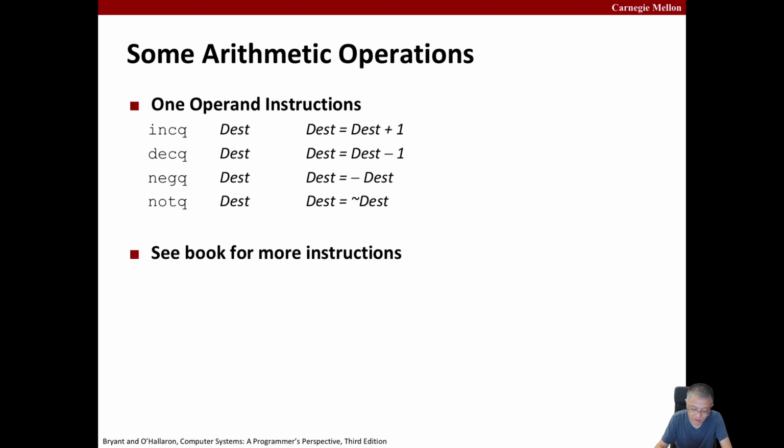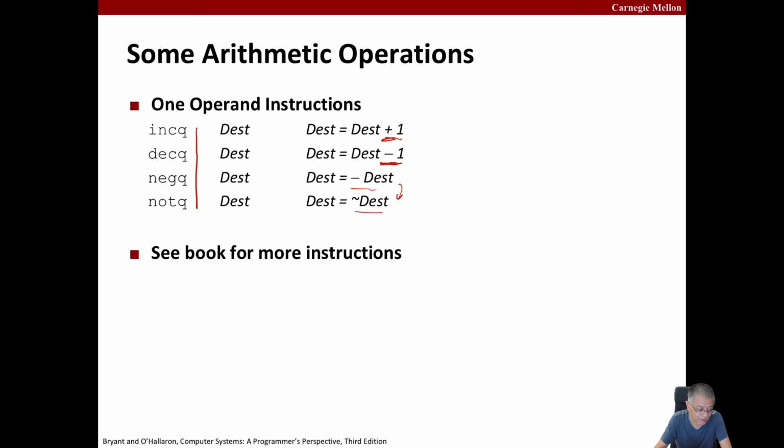Okay, so there is also an increment, decrement, negative and not instruction. The increment adds 1 to a number, decrement subtracts 1 from a number. Then we have negative and not too. The difference between those is here.